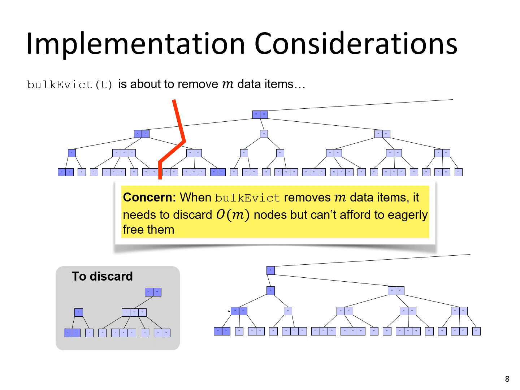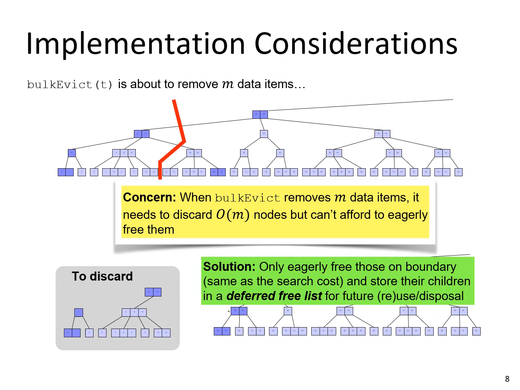The solution is a deferred tree list. So we only eagerly free the nodes that are directly on the boundary, and then store their children in a deferred tree list, which can then be used for future allocations or disposal.